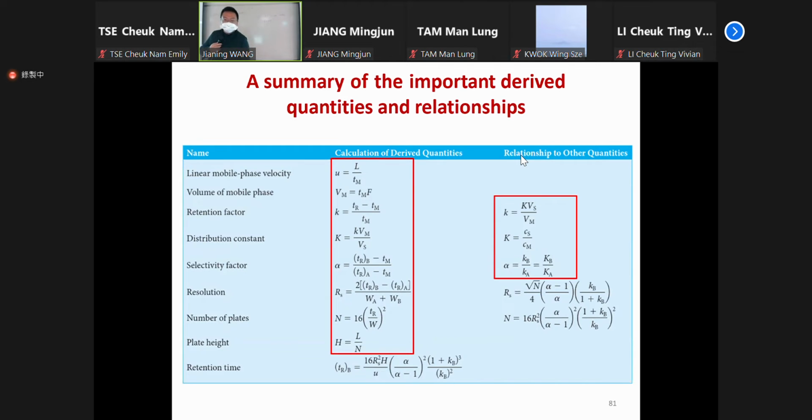And here I listed all the formula you should remember, inside the right frame.